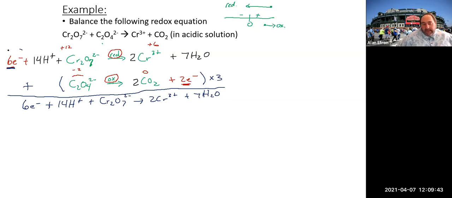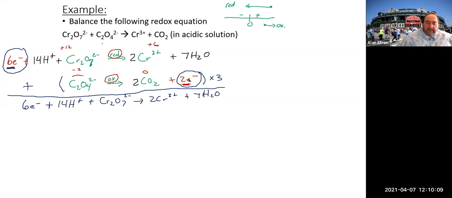So before we can add the half reactions back together, both of them need to end up with the same number of electrons. In this case, there's 6 in the first one, but only 2 in the second one.